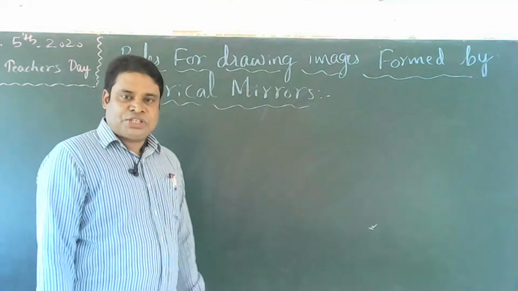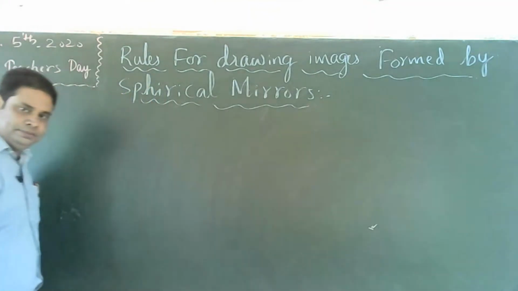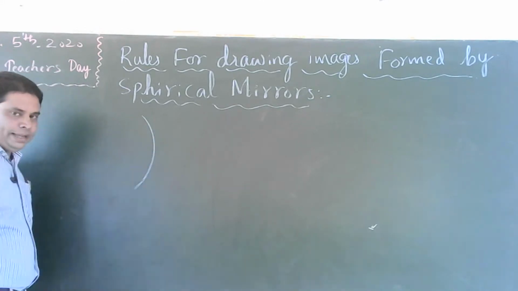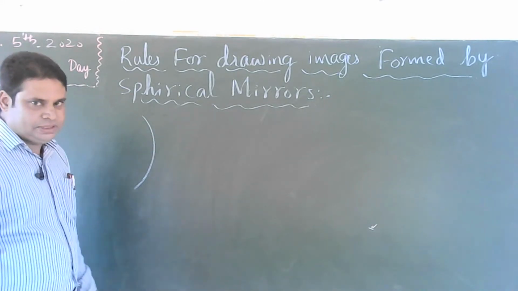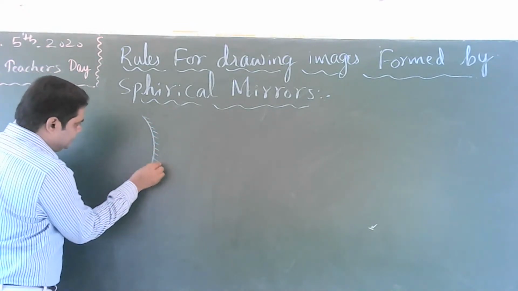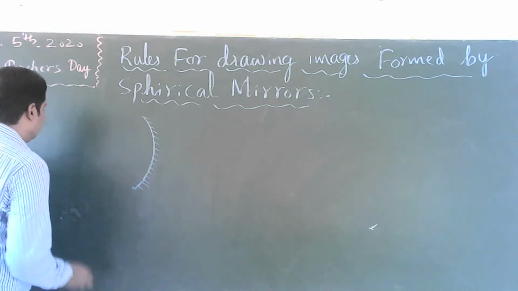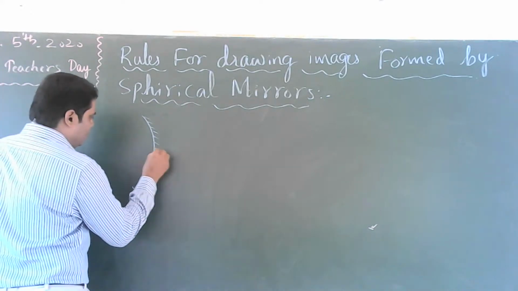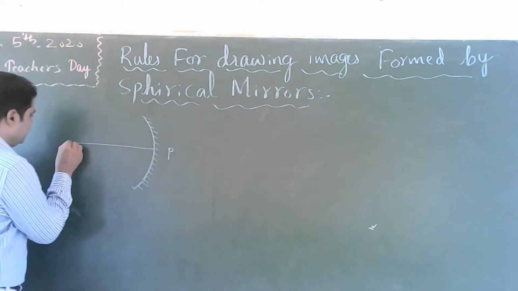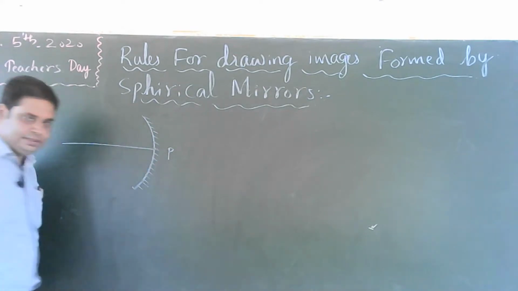See, the first ray we are supposed to consider, okay? Let me take the example of a concave mirror only. Pole and principal axis.